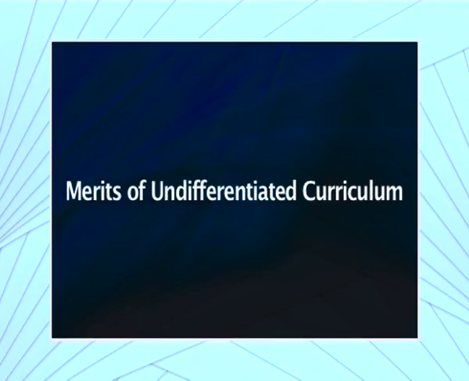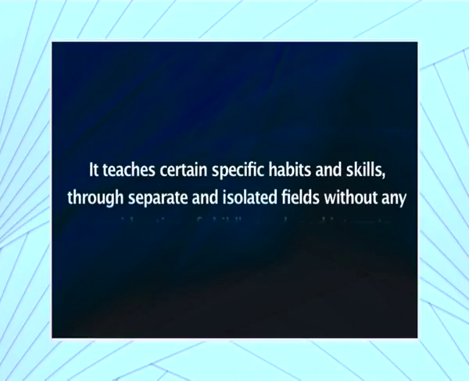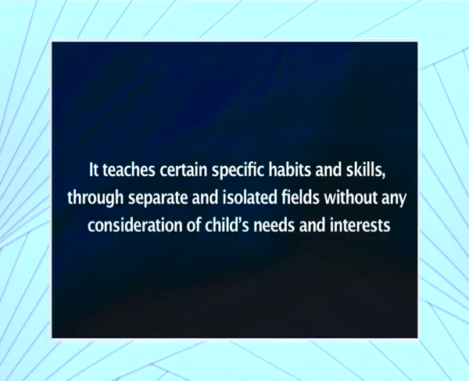Merits of undifferentiated curriculum. It teaches certain specific habits and skills through separate and isolated fields without any consideration of child's needs and interests. This curriculum combines in its fold all the good principles of various educational plans.